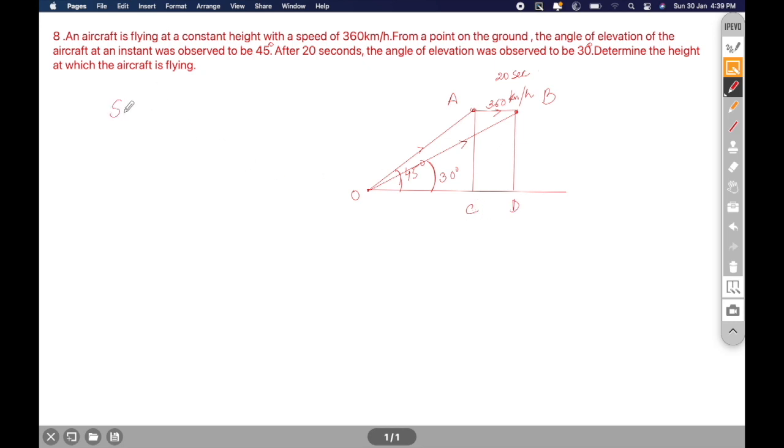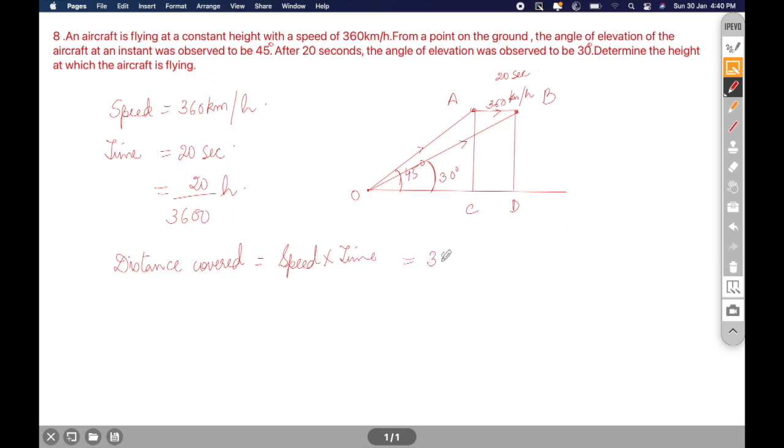Now speed is 360 km per hour and it is traveling for 20 seconds, which is equal to 20 by 3600 hours. Now the distance covered equals speed into time.